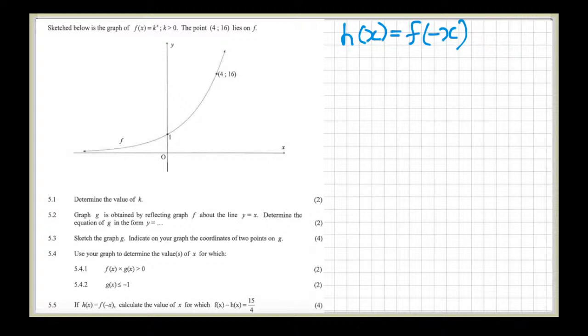Now, h of x equal to f of negative x. Before actually attempting it algebraically, I personally like to look at what it means. It means for the f function, I took the normal x values and I made them negative x. Which means, if I go back to my theory, that it is a reflection in the y-axis.